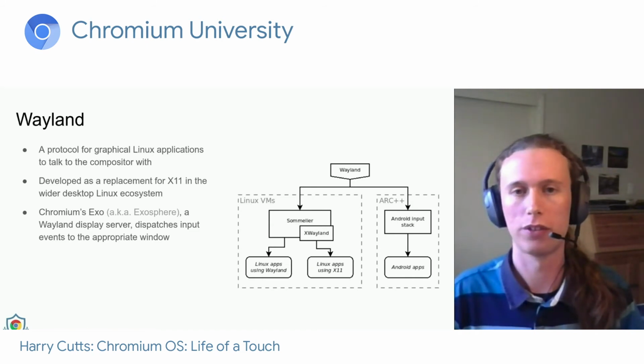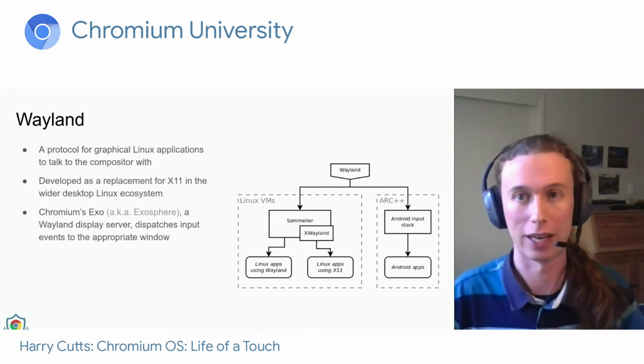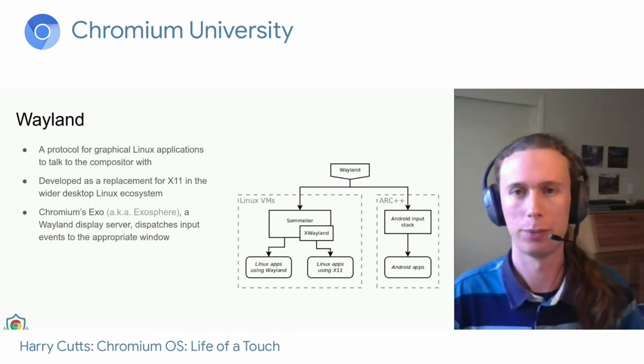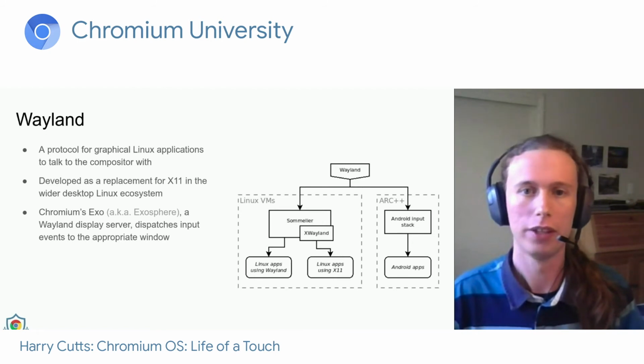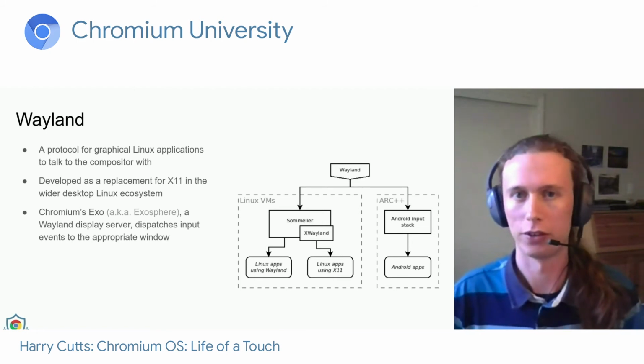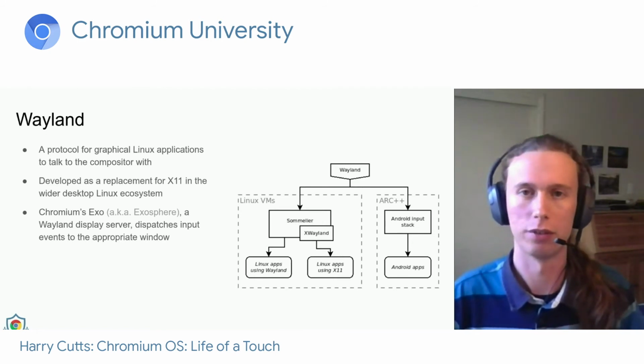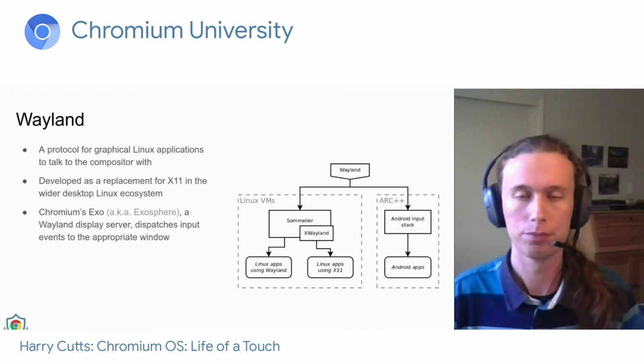And so the app will send things like frames that need to be rendered in its window and so on. And in return, Wayland sends input events to the app. It was developed as a replacement for X11 in the wider Linux desktop ecosystem, and we've now adopted it for our Linux and Android apps.